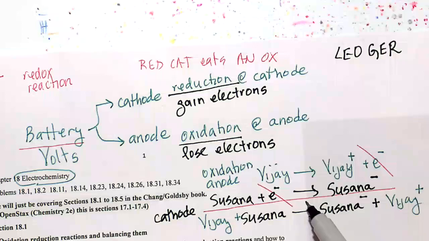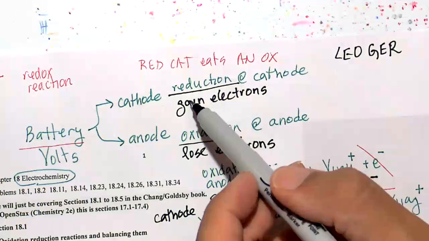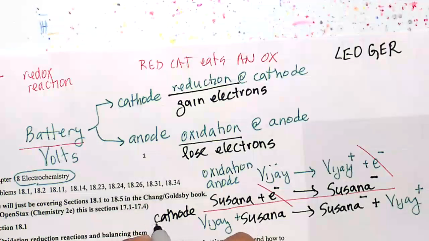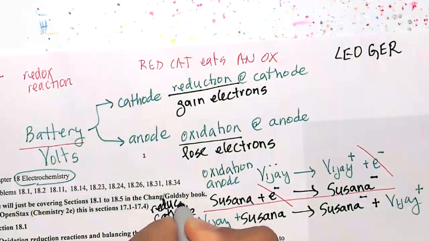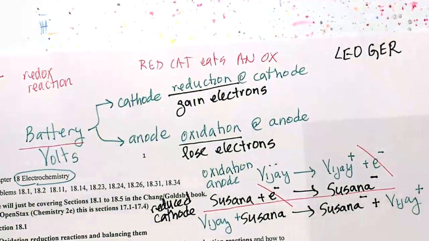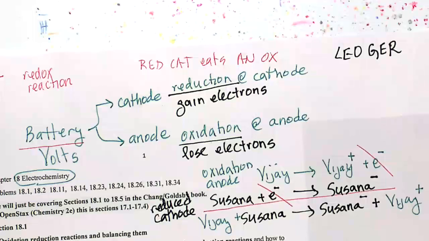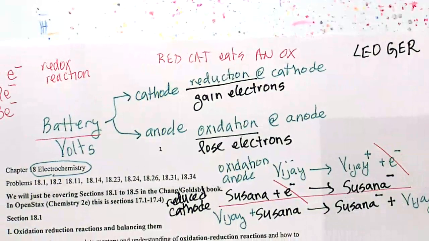Is Susanna losing an electron or gaining an electron? She gained 1 electron. Cathode is where reduction happens. She has become reduced. I have become oxidized. If we were a battery, she would serve as the cathode, and I would serve as the anode. So just replace VJ and Susanna with actual chemicals, and then we have the focus of this chapter, which is electrochemistry.